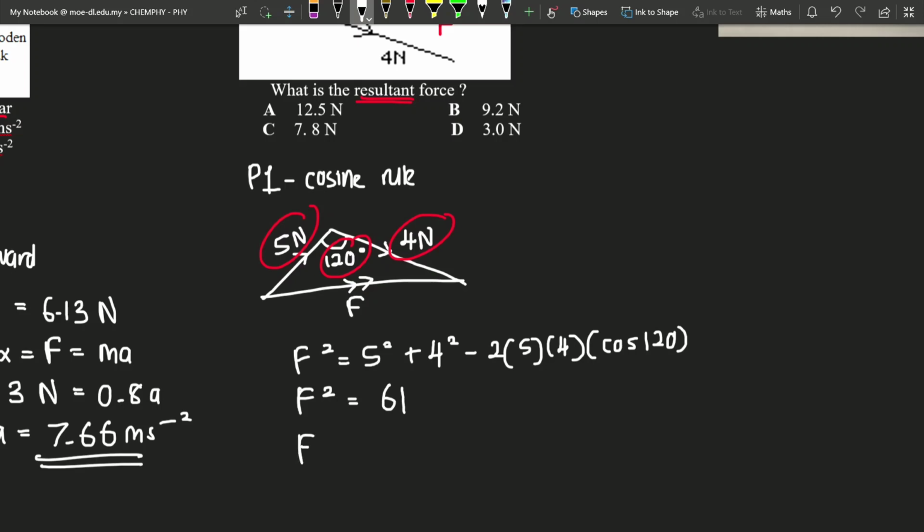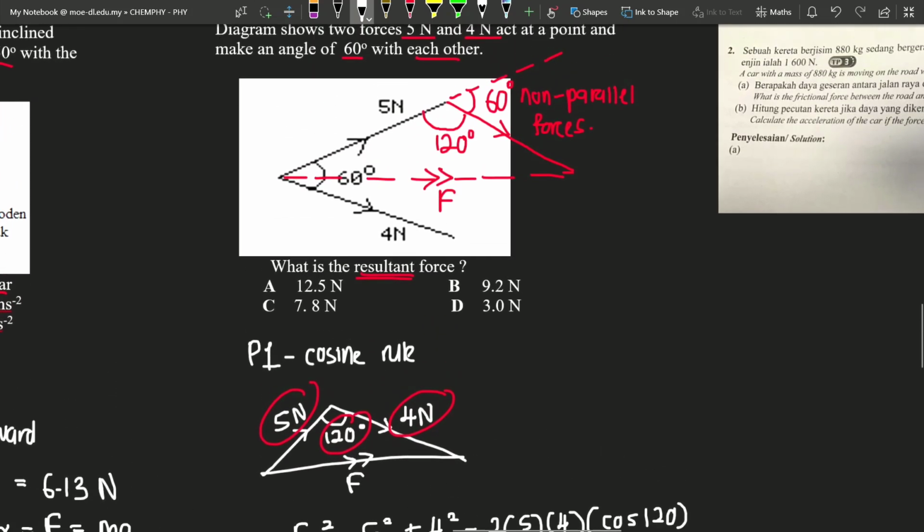Therefore, your F, your resultant force, daya paduan, will be square root of 61, 7.81 Newton. Because it is a force, so your resultant force will be 7.81. Our answer will be C. Okay, this one is a very famous question. So you guys can apply whether parallelogram method or triangle method, or to be faster, you guys can apply this cosine rule. Make sure you understand the concept first.